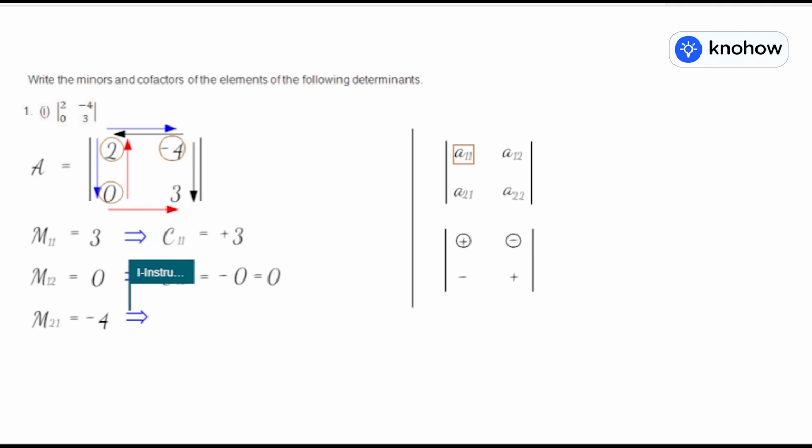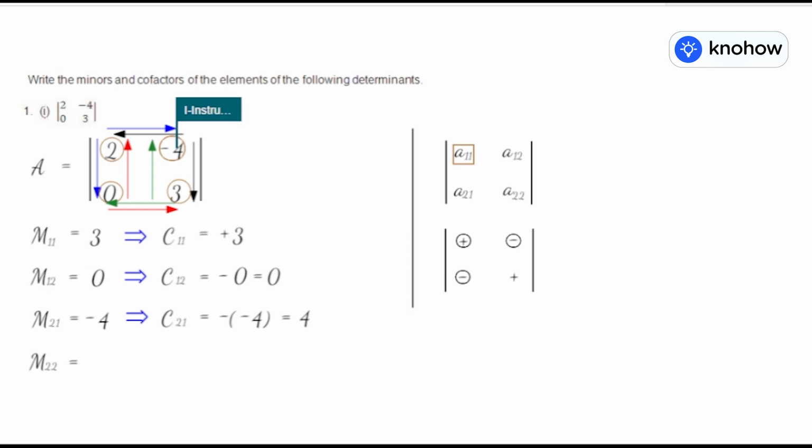And what about the corresponding cofactor? That is cofactor C21. Here C21 is at this place, so it will be negative times negative 4. It will be plus 4. And finally, what is the cofactor of this element 3? What is the placing of this? 2, 2. M22. Delete the row and column through 3. You get the opposite number.